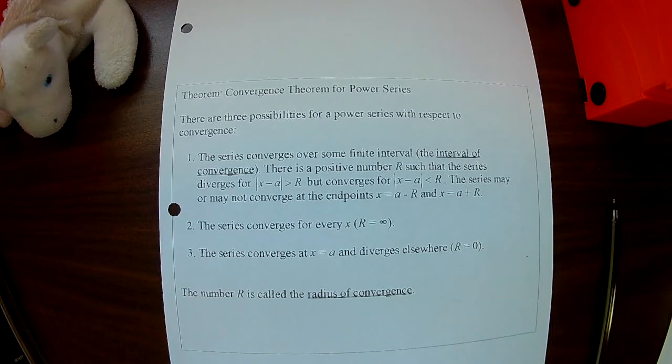The series may or may not converge at the endpoints x equals a minus r and x equals a plus r. Either the series converges for every x, and r equals infinity, or the series converges at x equals a and diverges elsewhere, and r is equal to 0. The number r is called the radius of convergence.